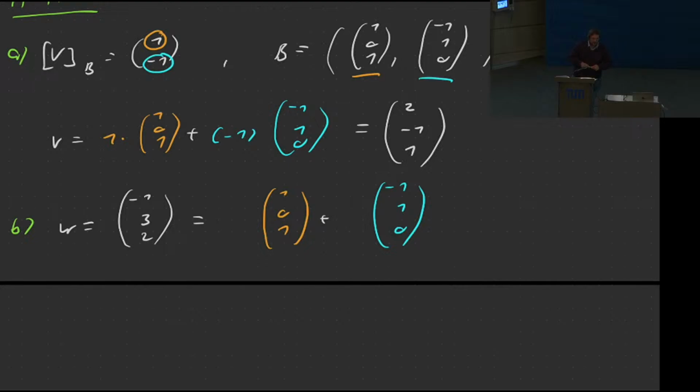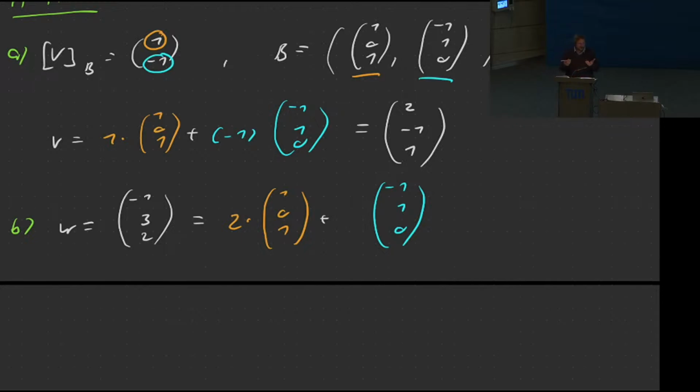And to do so, we could just solve a system of linear equations, or we can quickly do this live. So let's see. In this case, it's easy to see the solution because here we have a 1 and here we have a 0. So the only way to get this 2 is to take 2 times the first vector. Right?